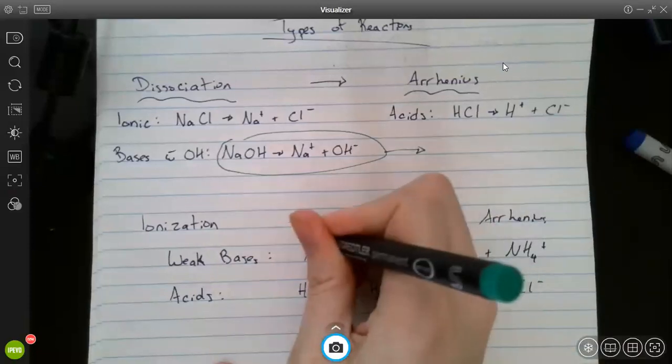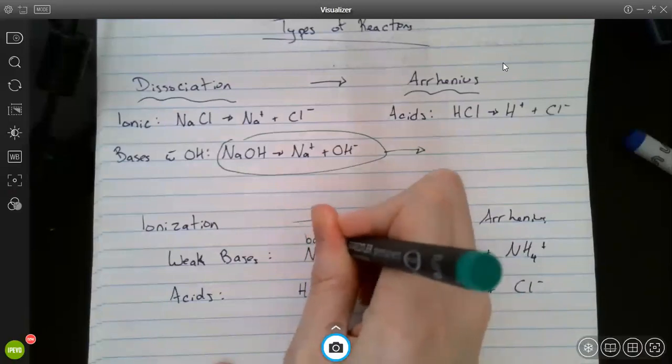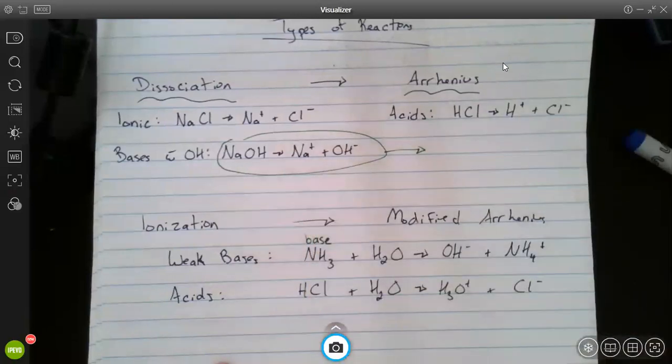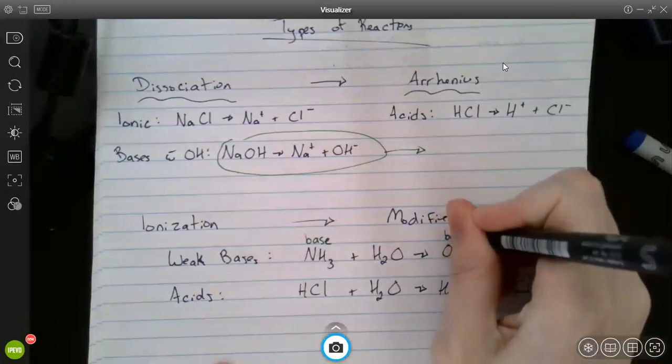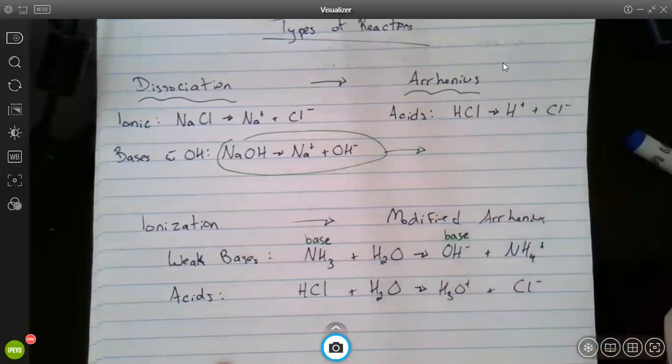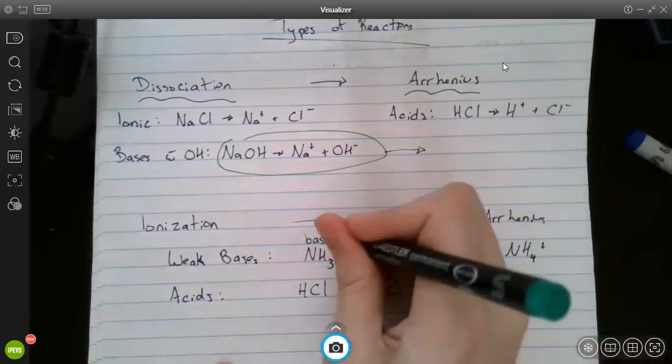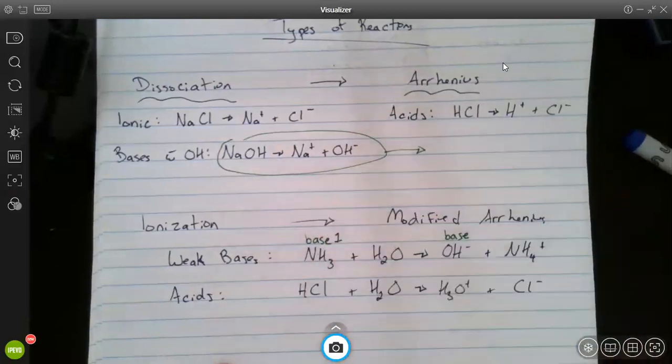So NH3 is a base, and OH is always a base. And then when we're trying to identify our acids, well, if we call this base 1, our acid that goes with this base will have one extra proton or one extra H+.